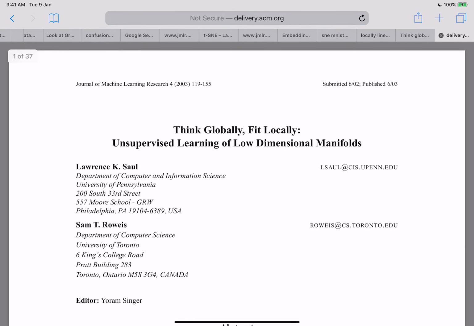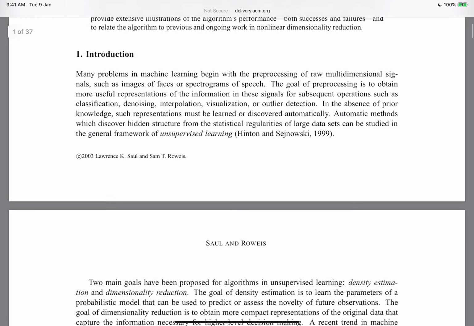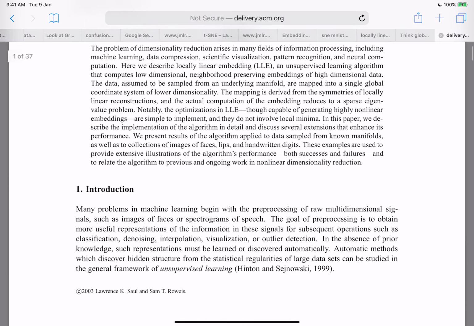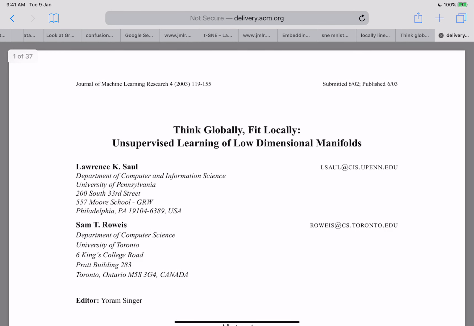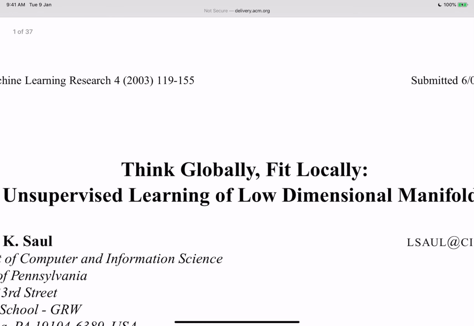Maybe it was published directly in JMLR. Anyway, this is the locally linear embedding paper, and I thought the title looks quite cool: think globally and fit locally.